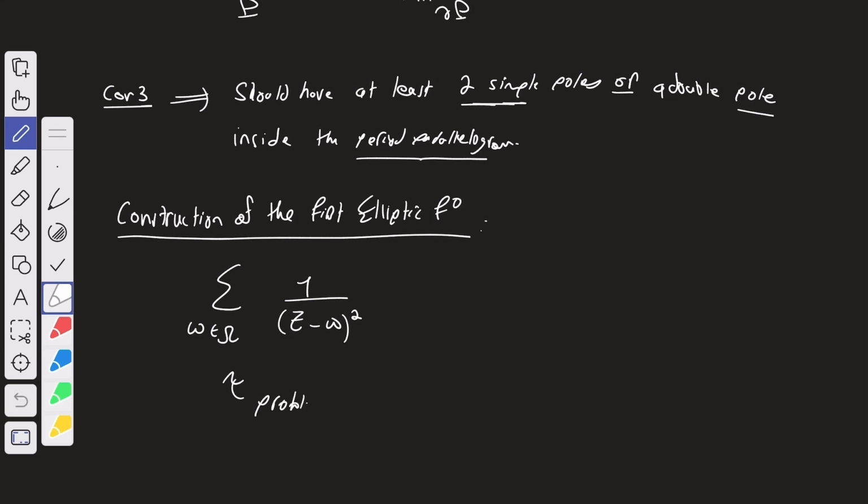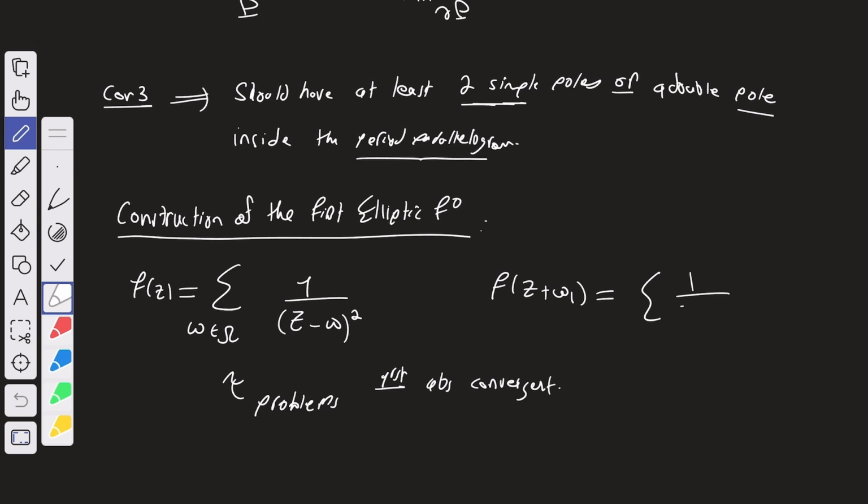We have some problems here. The first problem is that it's not absolutely convergent. And why would we need that? Well, because when we want to prove that this function f of z is periodic, that f of z plus omega 1 is equal to f of z, we're going to be summing 1 over (z minus omega plus omega 1) squared, running over all the periods in the lattice.